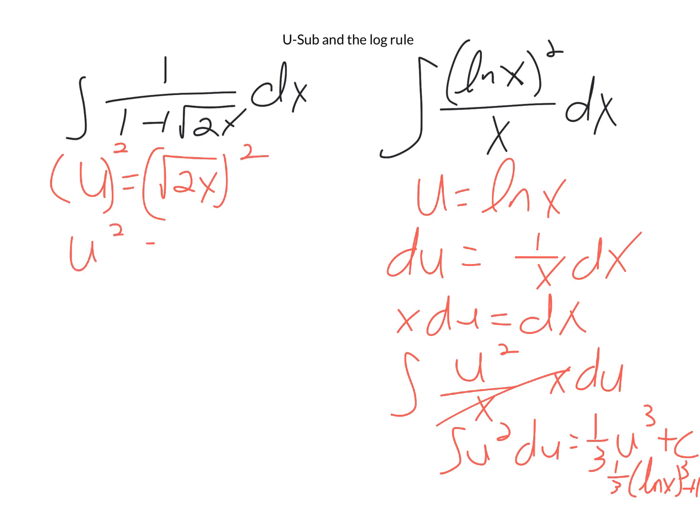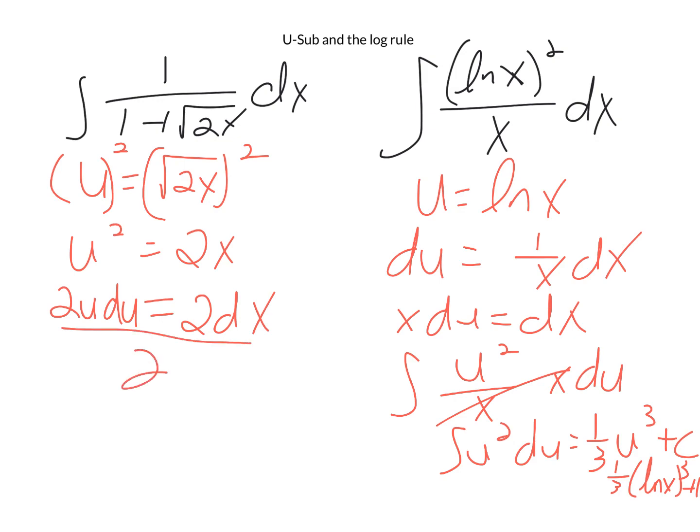We get u squared equals 2x. It's a little easier to work with, right? Now we can differentiate and find it'll be 2 dx on the right. And on the left, you get 2u du.